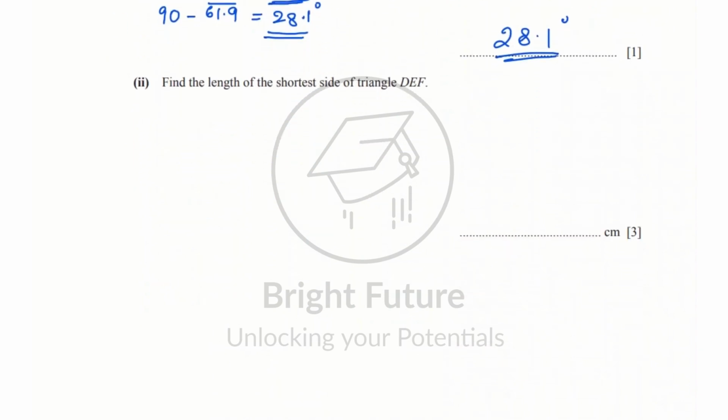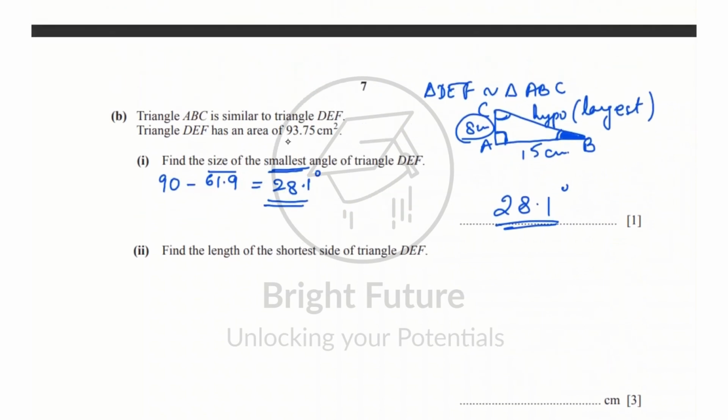Find the length of the shortest side of triangle DEF. So to find out the length, what is given to us? Area is given. So we will use area of triangle ABC upon area of triangle DEF equals side squared, because it's area.